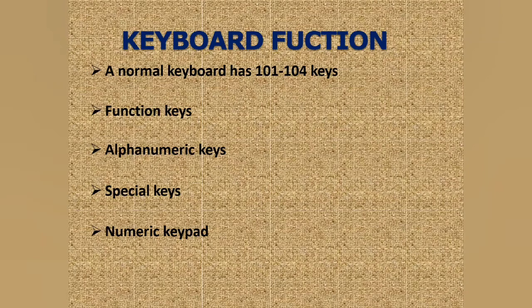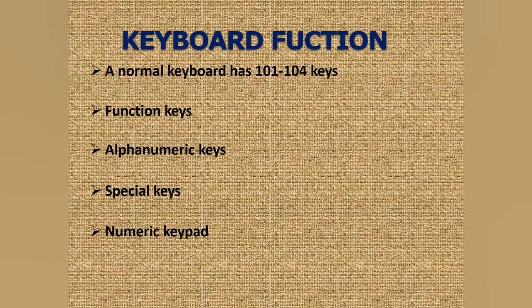Say for example, when we are using shortcut keys for opening a new document, that is in Word or in Excel, a new sheet, or a slide in PowerPoint, we will be using Ctrl plus N. Likewise, for copying a document, we will use Ctrl plus C. And for selecting the content in whole, we will use Ctrl plus A. Likewise, the special keys will be used for various purposes in the computer.